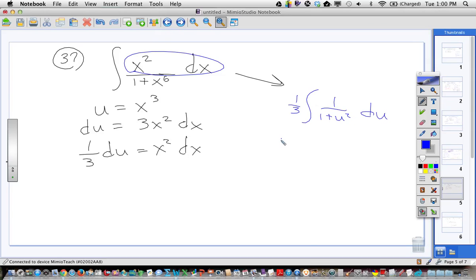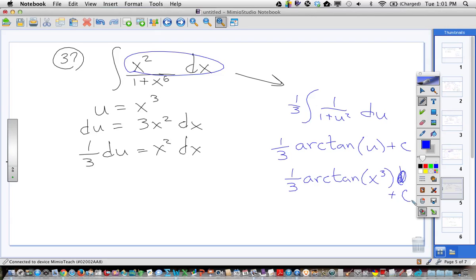That is just a nice arctangent antiderivative: arctangent of u, and put the u back here. So it's that recognition thing.